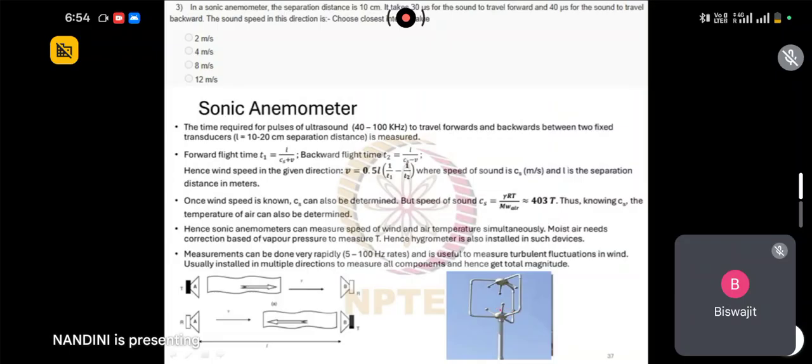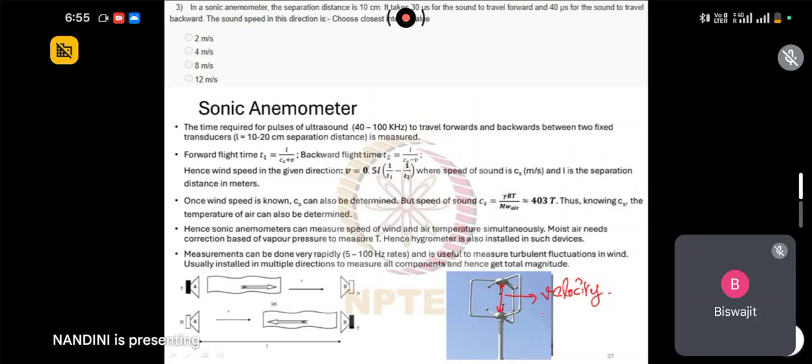If sound is traveling from this transducer to this transducer, the time the sound takes to travel this distance is dependent on the velocity of the wind as well. So the time it takes will help us to get the velocity of the wind.